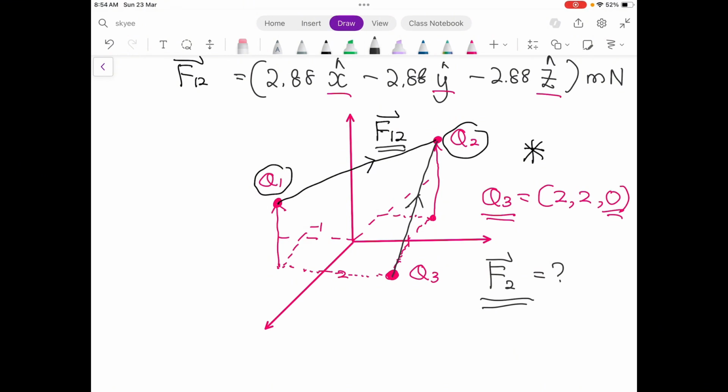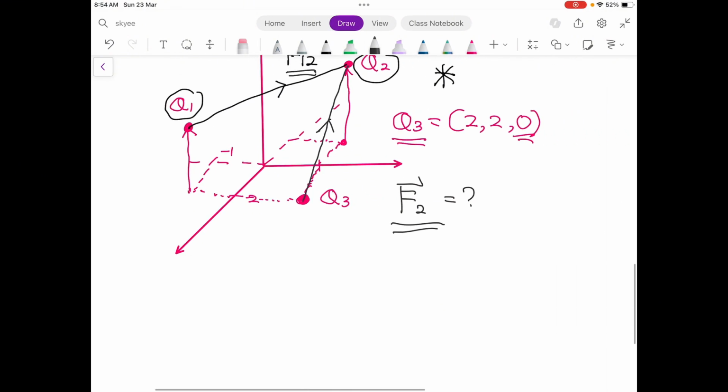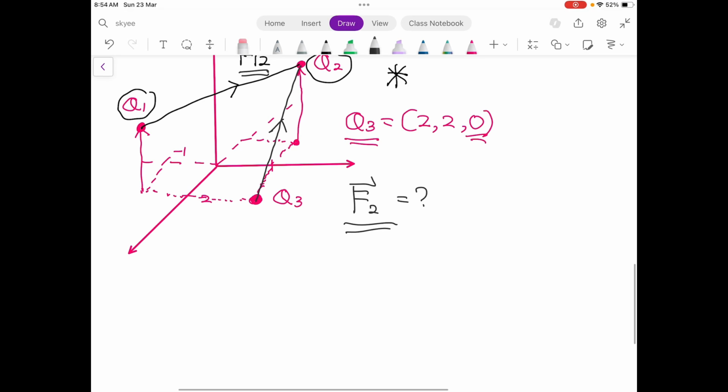So in order to find the force acting on Q2, we have to find F12, which we already got just now, and add it with F32. Because now there are 2 charges adding force to Q2, you will have 2 sources of force contributing to the total force acting on Q2.